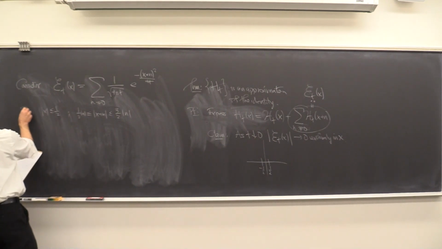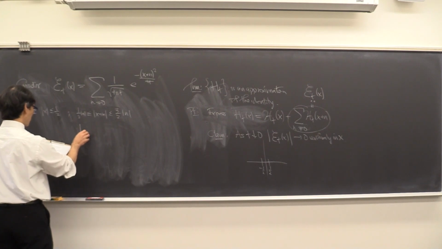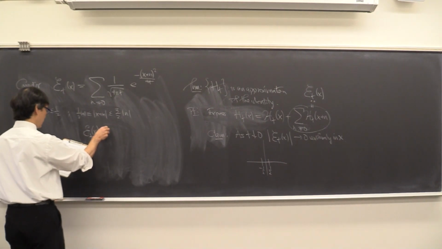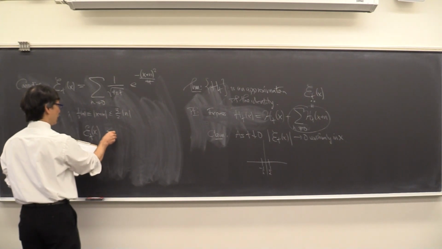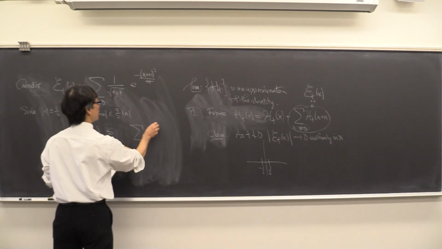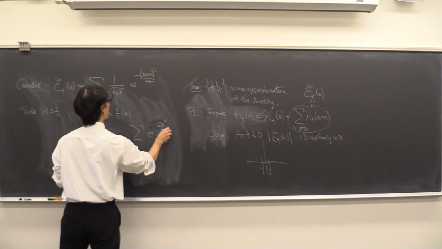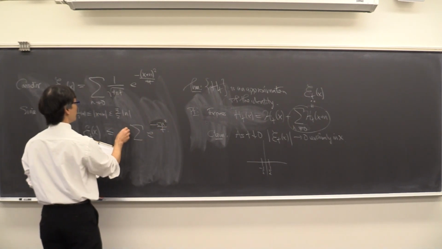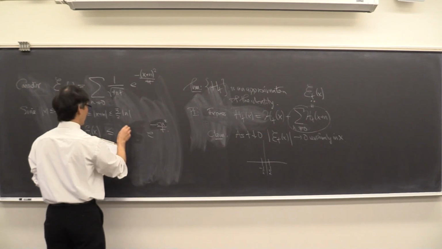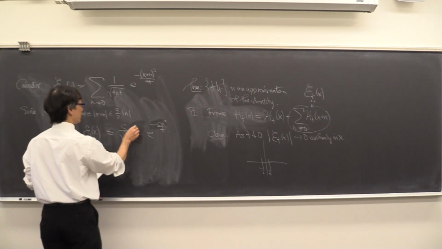Since this is true, we see that E_t is controlled by the summation of e to the negative c n squared over t, with a factor of basically c over root t here.